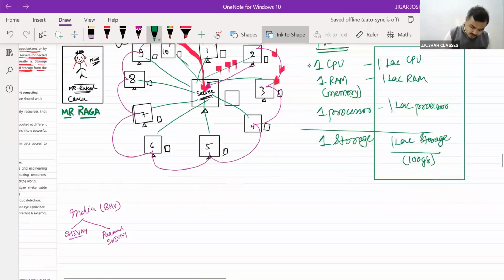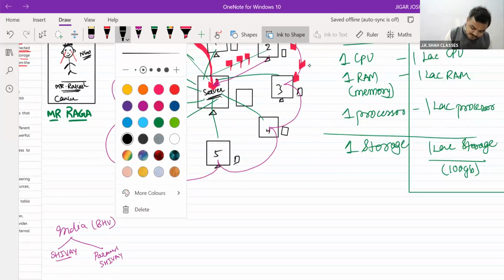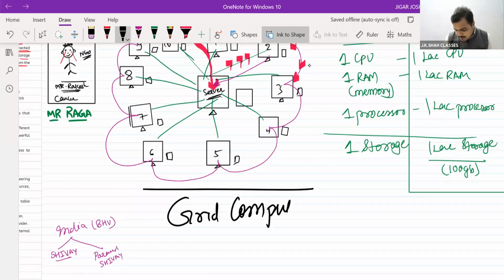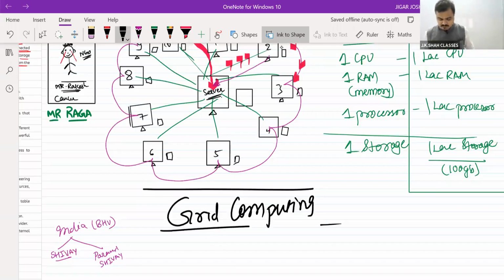And this technology is called, people, grid computing. It's called what, people? Grid computing. Understood? Agree?